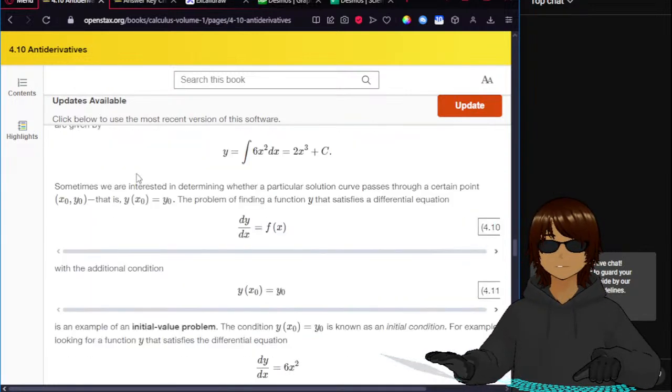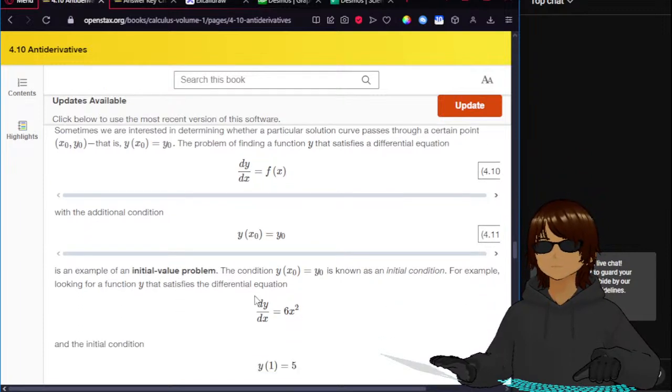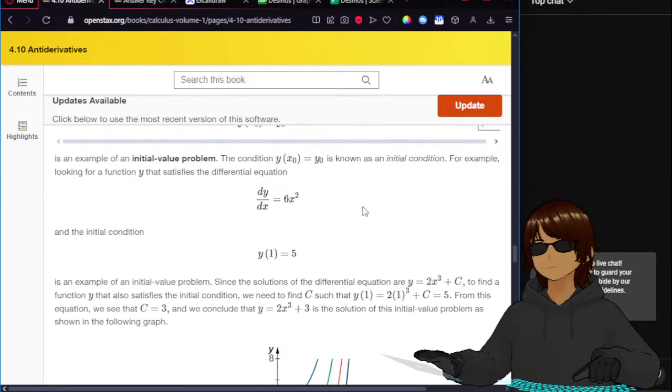The problem of finding a function y that satisfies a differential equation with the additional condition is an example of an initial value problem. The condition y of x0 equal to y naught is known as an initial condition.